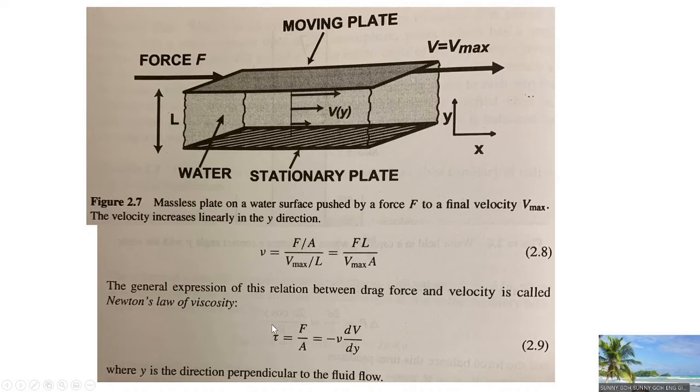Shear stress is directly proportional to the shear rate, and they are equal when this relation is multiplied by a coefficient. The coefficient here is called the dynamic viscosity. This whole relationship is called Newton's law of viscosity. So the dynamic viscosity is measuring the viscosity of the liquid located between the stationary plate and the moving plate.